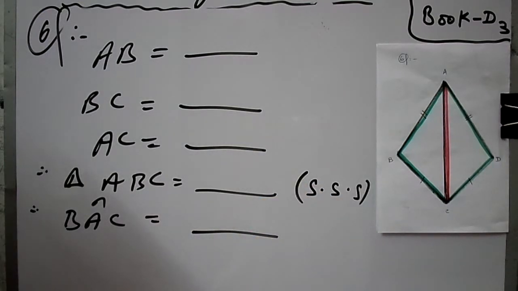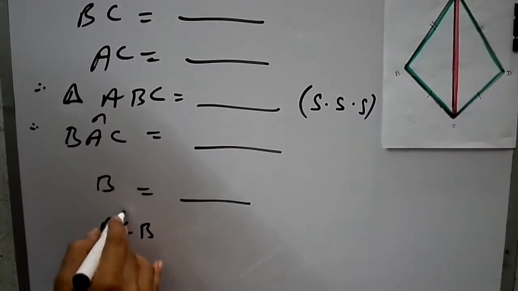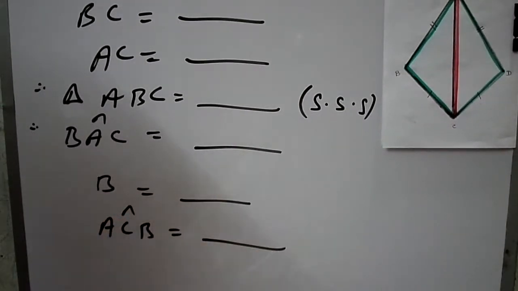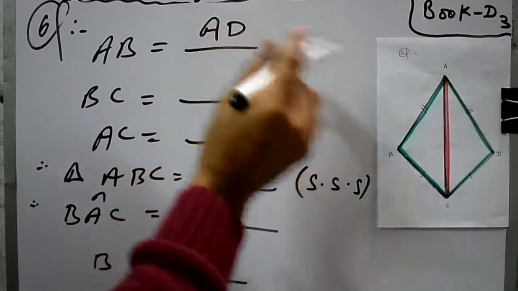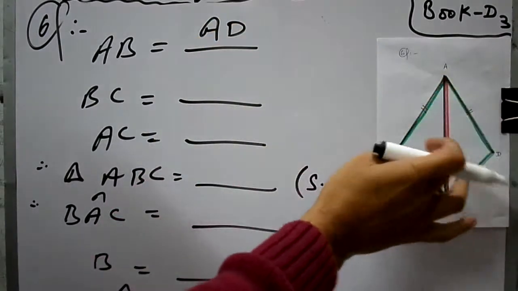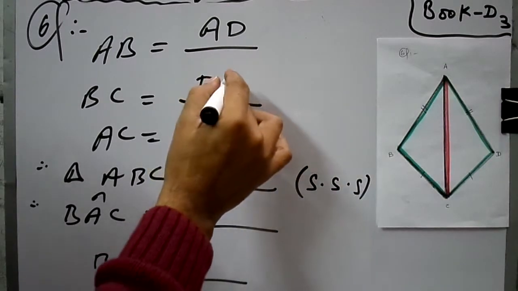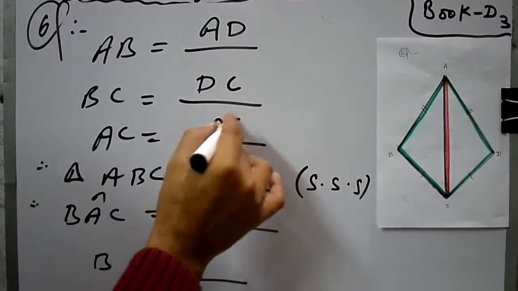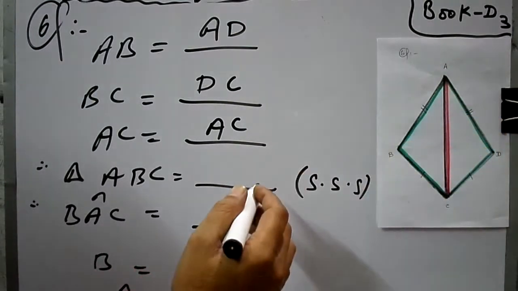Angle B is equal to what, and angle ACB, that is angle C, is equal to what. We have to fill in: AB is equal to AD. You can see in your diagram. Similarly, BC is equal to DC, AC is equal to AC because it is common between these two triangles, and triangle ABC is congruent to triangle ADC.